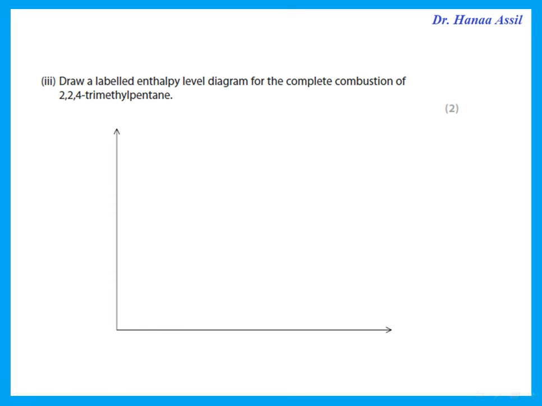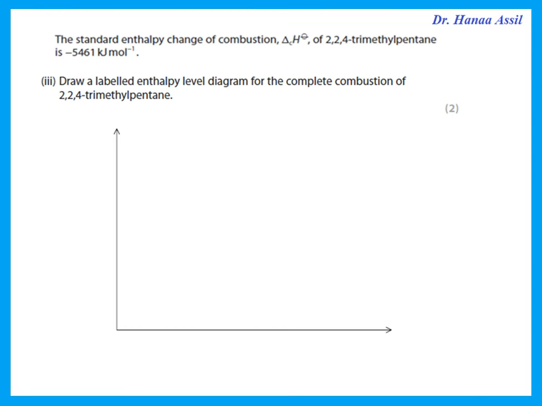Draw a labeled enthalpy level diagram for complete combustion of an alkane. Remember, complete combustion is exothermic. So how do we draw the energy level diagram for an exothermic reaction?